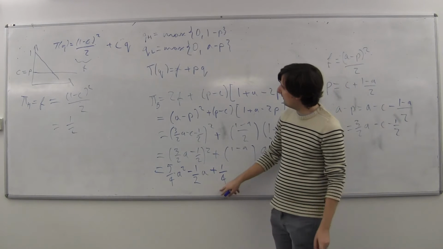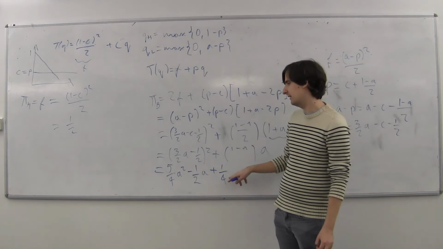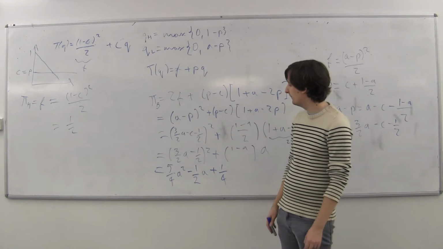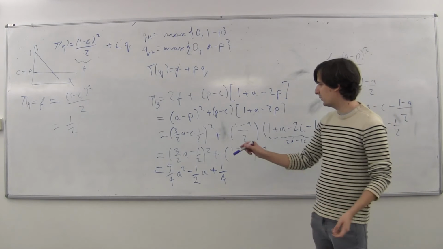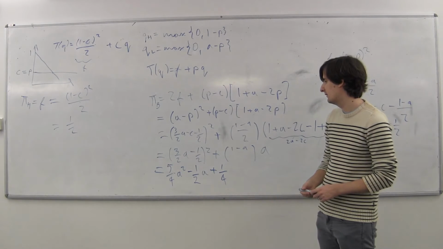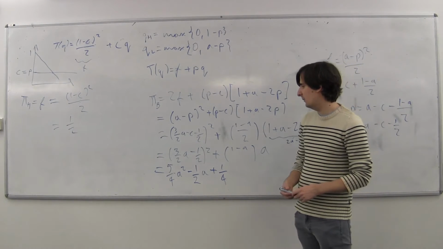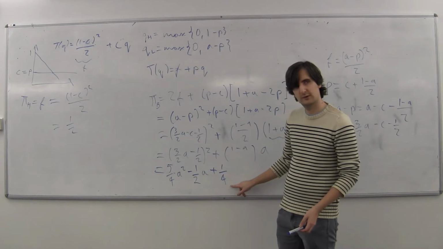So this is now our expression for profits from selling in both markets when C is equal to 0. And what's it look like? What shape is it going to be? Well, it's a quadratic in A. When A is 0, this is going to be equal to a quarter.